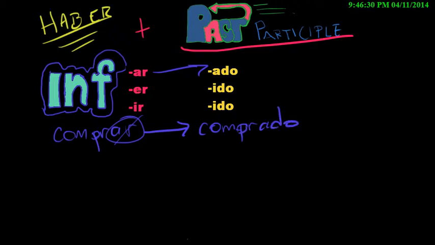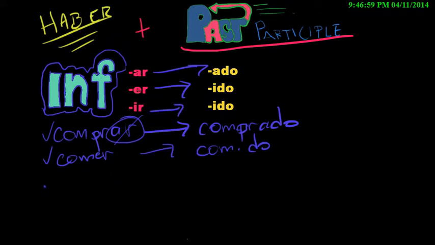Okay. For example, a verb that ends in er, like comer, means to eat. It becomes comido. So er changed to ido. And a verb that ends in ir, like to go out, for example, salir in Spanish, becomes salido. Okay.